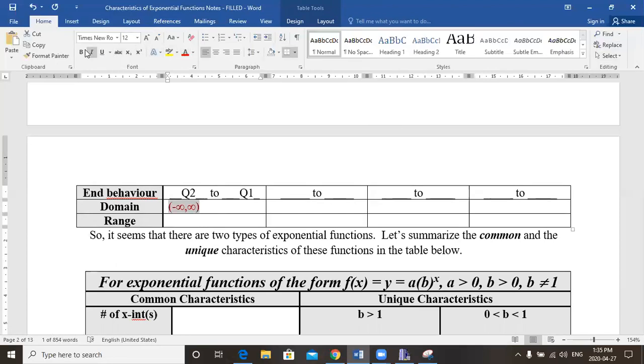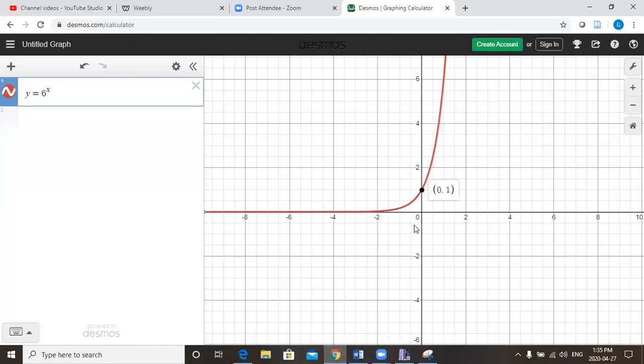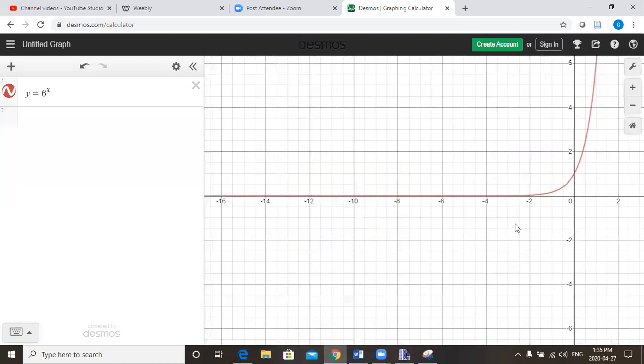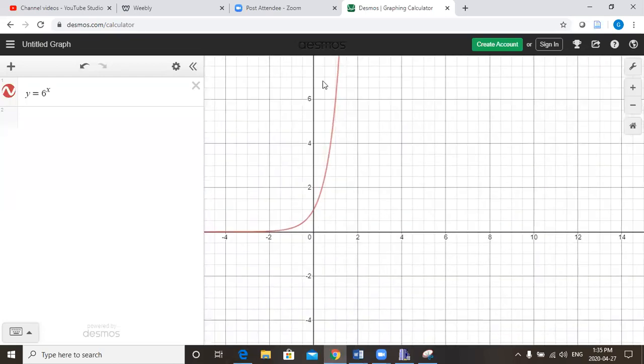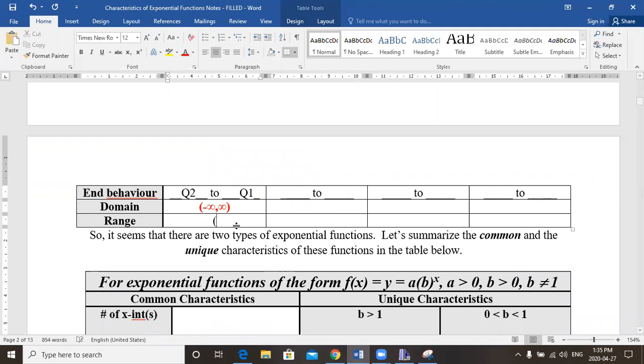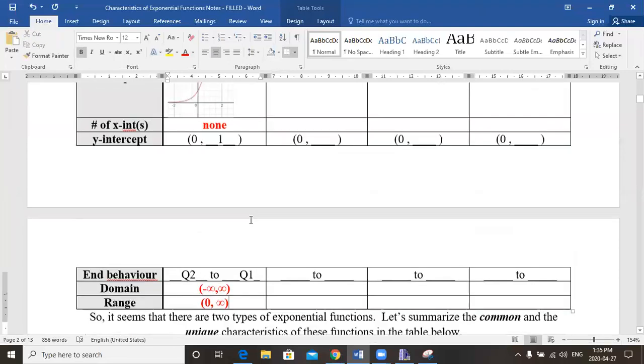Okay, the range, you can see that the y value doesn't go below 0, but it never touches 0. So it would be going from 0 to positive infinity, but it would not include 0. So it would not be inclusive. Therefore, you would need a round bracket, and it would go (0, infinity). That would be the domain and range for our first graph.